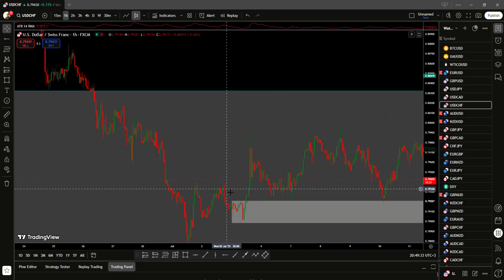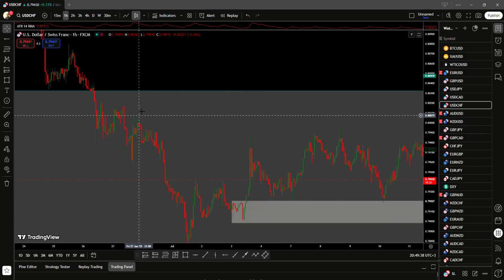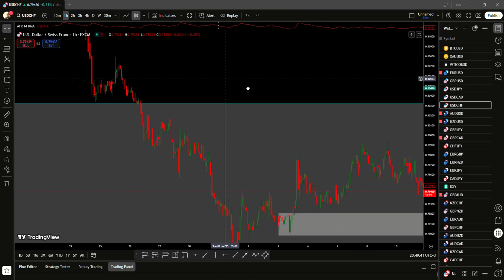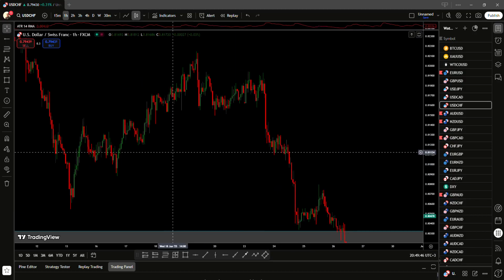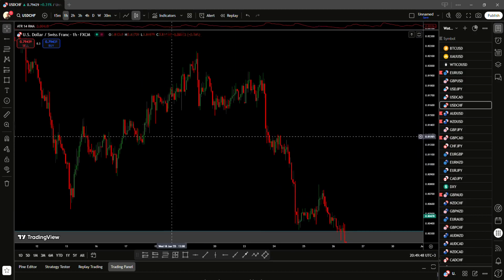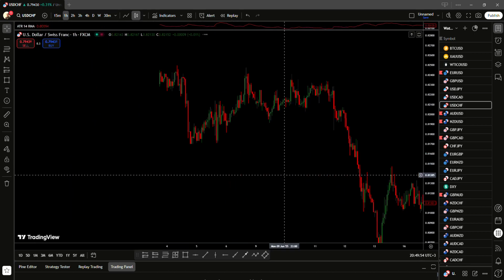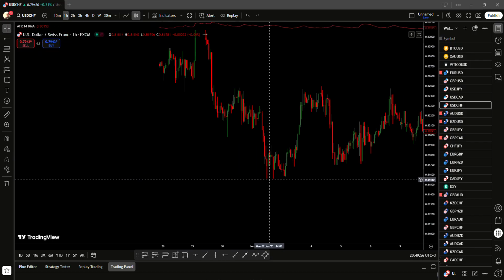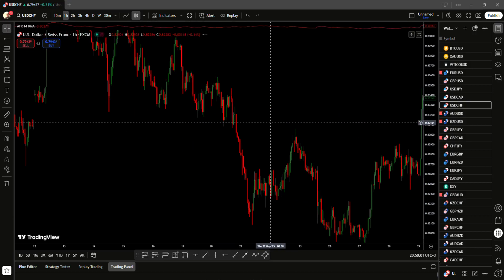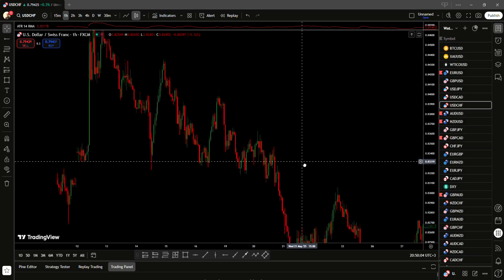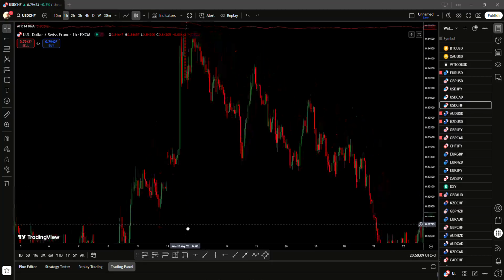USDCHF. This one here, not clear, but it gave a good reaction. USDCHF movement is poor. This one is not clear.